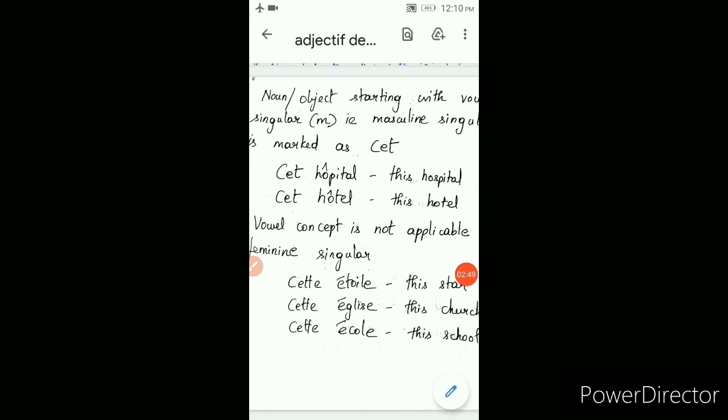Say for example, usually how will you categorize it as masculine? If it is ending up with other alphabets, it is masculine. How will you categorize it as starting with vowel? In French, A, E, I, O, U and H are the vowel letters. Since it is starting with H and also it is ending up with other alphabet, it is masculine, singular, and also starting with vowel.